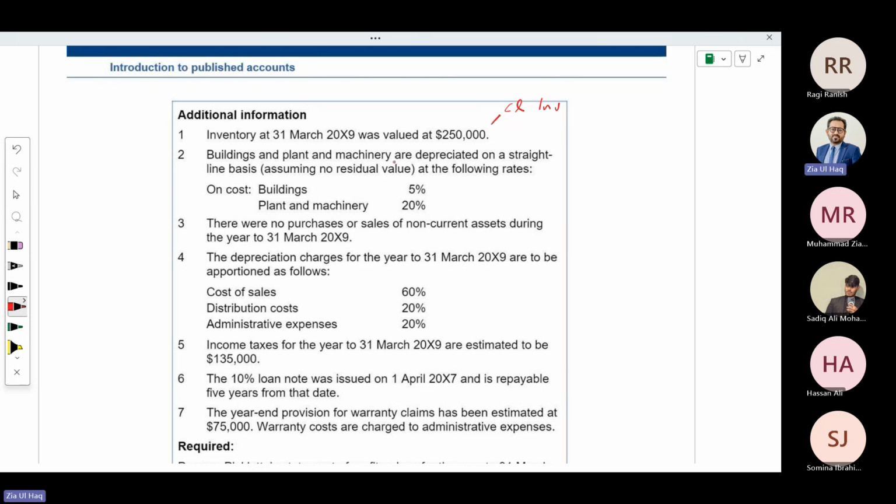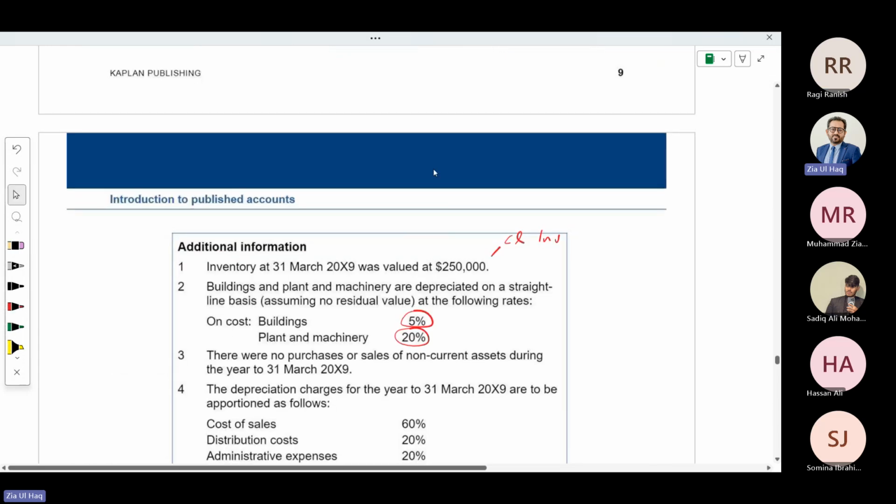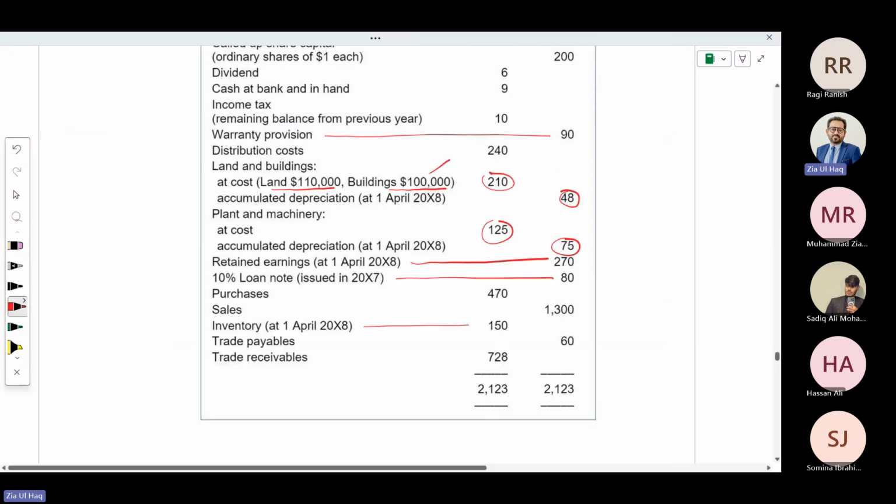Building and plant and machinery are depreciated on a straight line basis, assuming no residual value. The building rate is 5% and plant and machinery 20%. Against the building amount of 100, we need to provide depreciation of 5%. What is 5% of 100? That is 5,000. And 20% on plant and machinery.